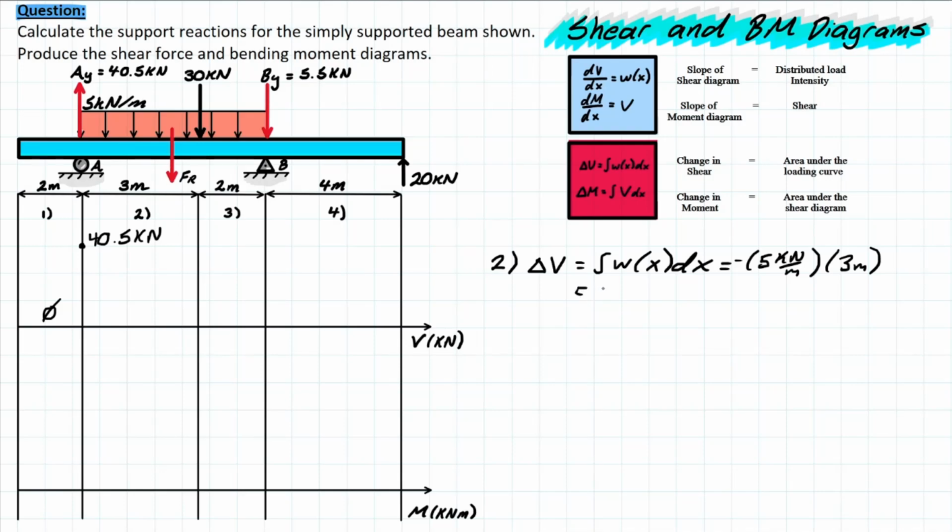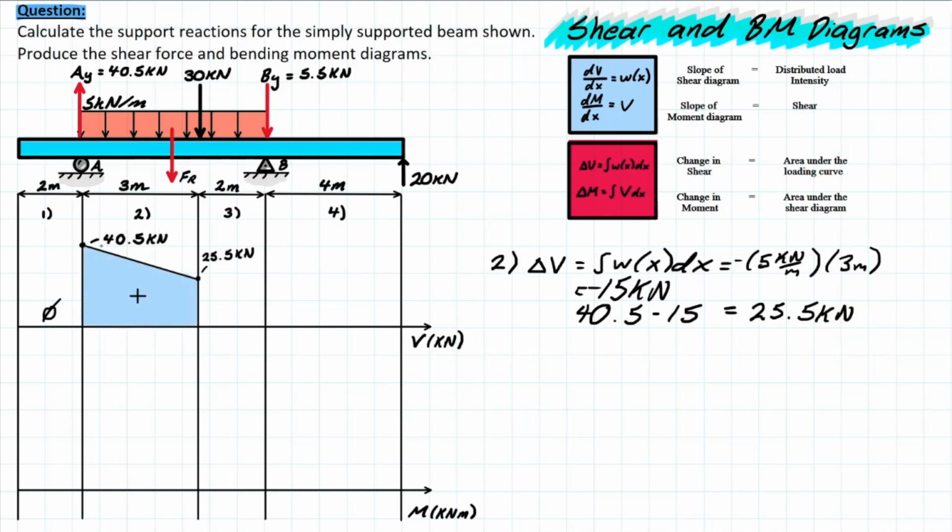And solving that, you'll get a value of 15 kilonewtons. That's going to be negative since this is a negative distribution. And then taking the difference from the jump, you have 40.5 minus 15, which is going to give you a value of 25.5 kilonewtons.